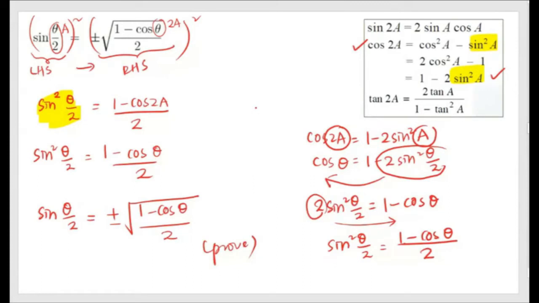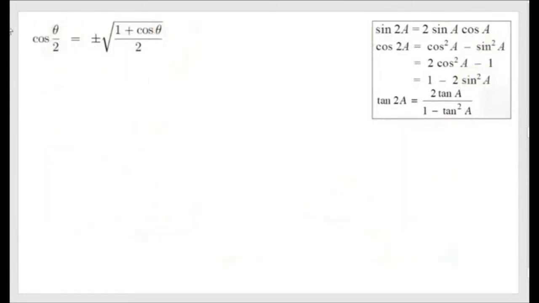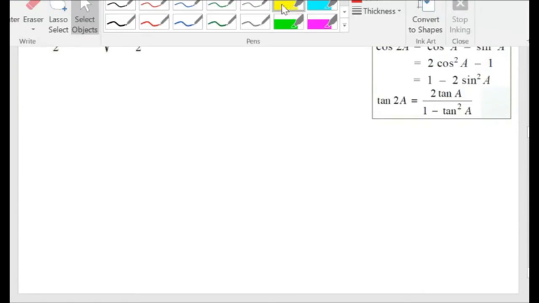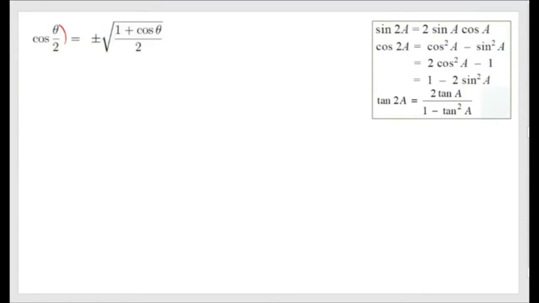So practice more. The second one, cos. Again, if you cannot see this, we just make it into this form first. Theta over 2 is a, and theta is 2a. So we need to find which formula has cos 2a and cos a. Then you see this square root.